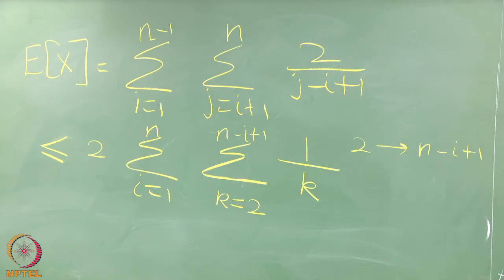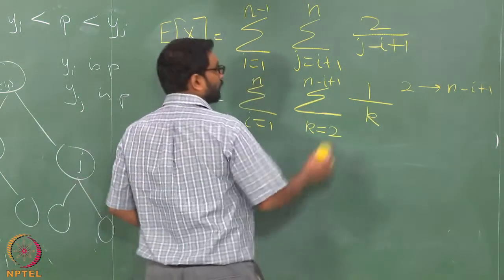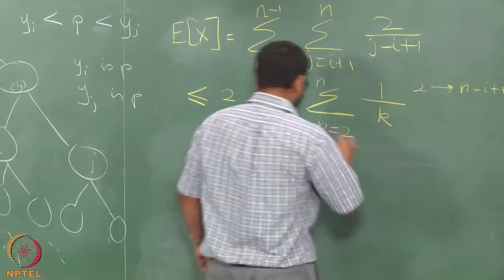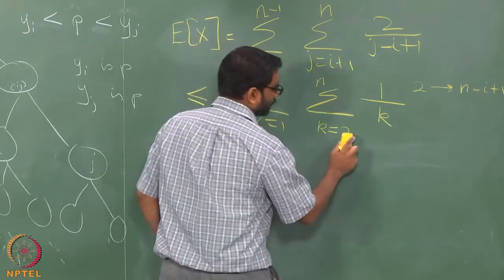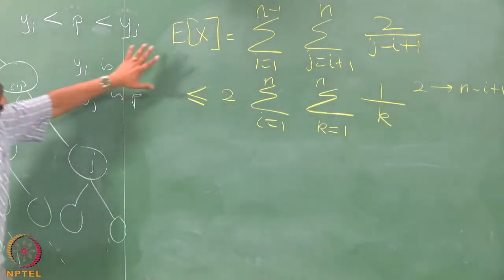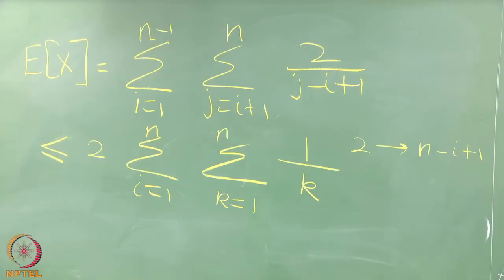Let's simplify this further. This is running up to n minus i plus 1. I'm just going to make it run all the way up to n, and let's say I start k at 1. Remember, all this I can do because I'm looking for an upper bound, and I'm being a bit sloppy here to make the analysis simpler.